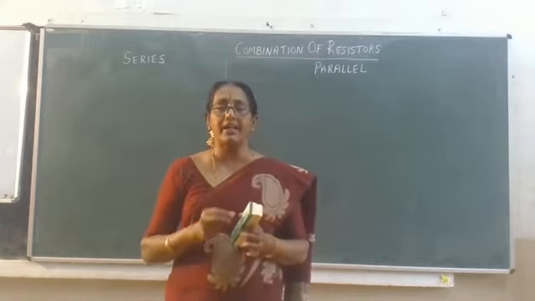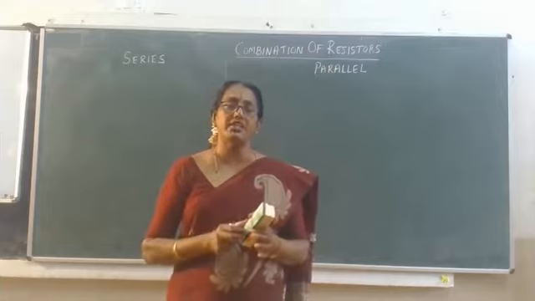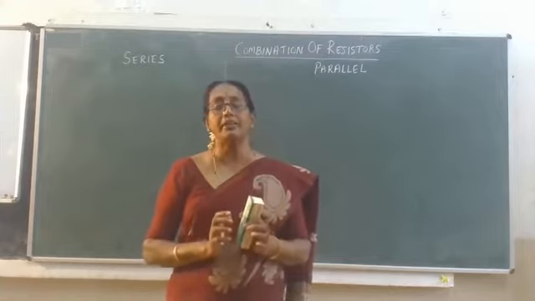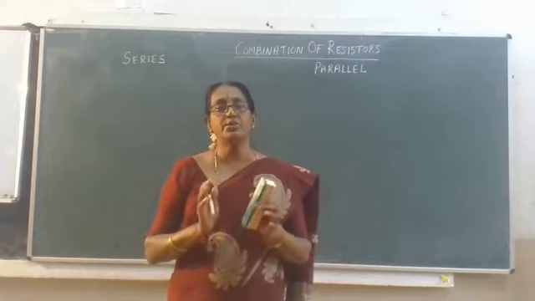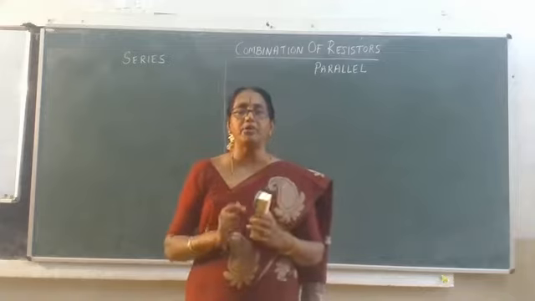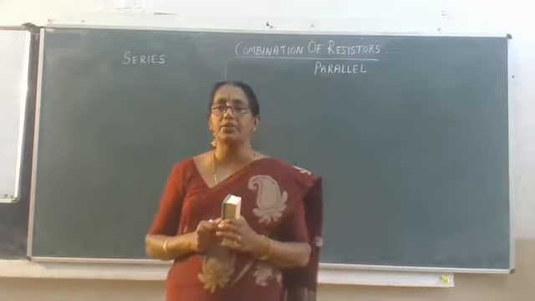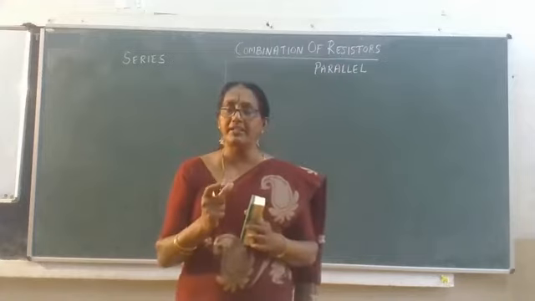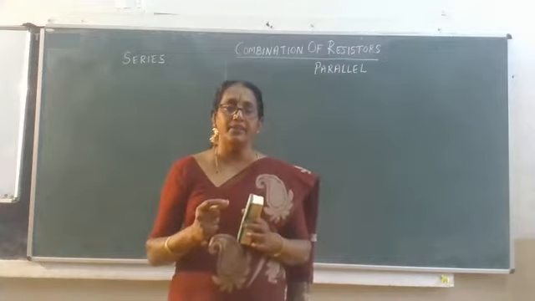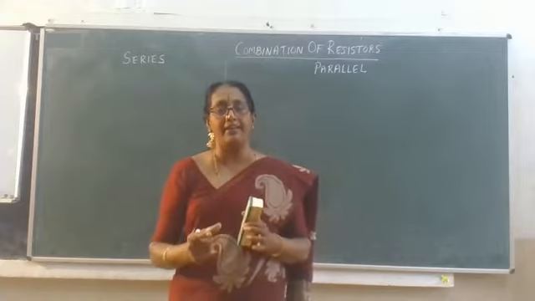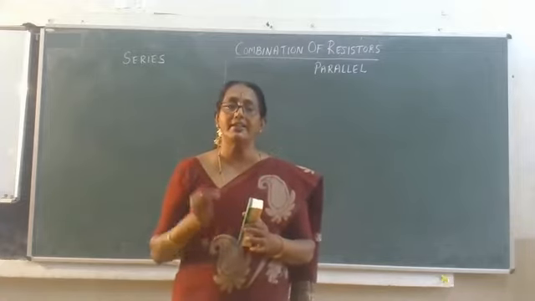In this class, let us see how we can change the value of the resistance of a circuit by a suitable combination. I have already told you about two combinations while measuring the potential difference and current in a circuit, in the way the voltmeter and the ammeter are connected. You learned that the voltmeter is always connected in parallel and the ammeter is connected in series.